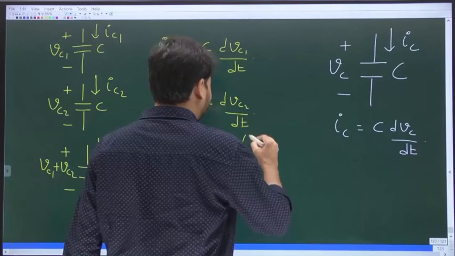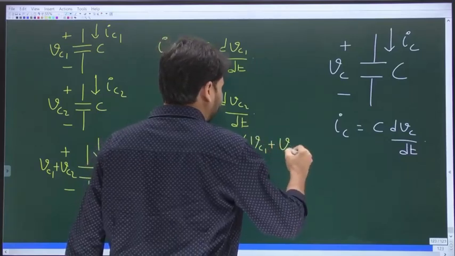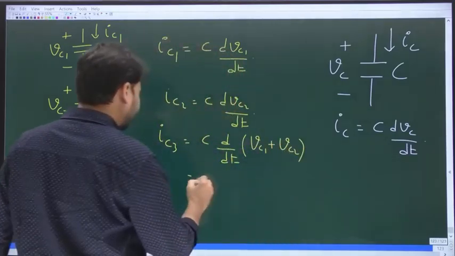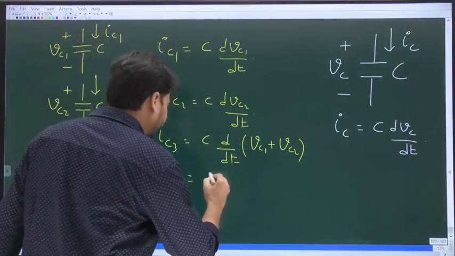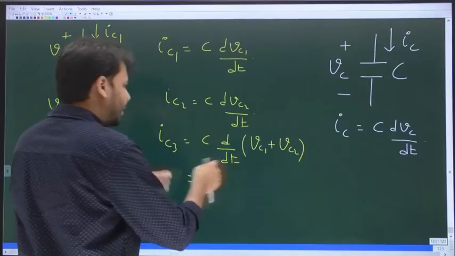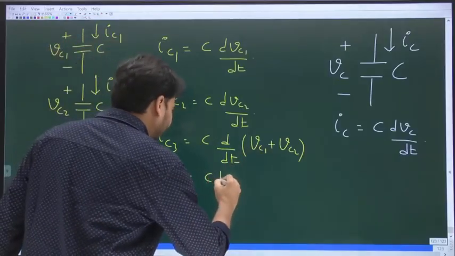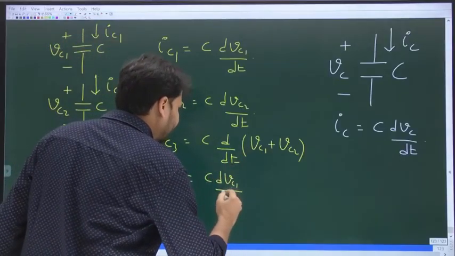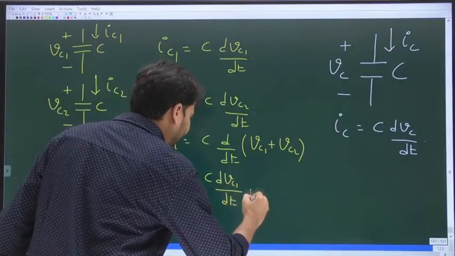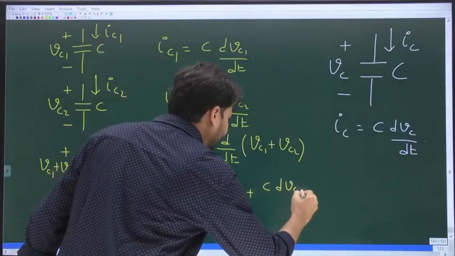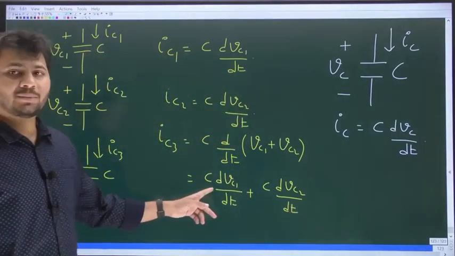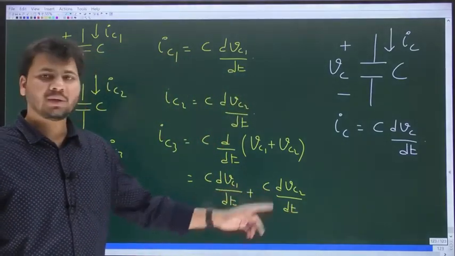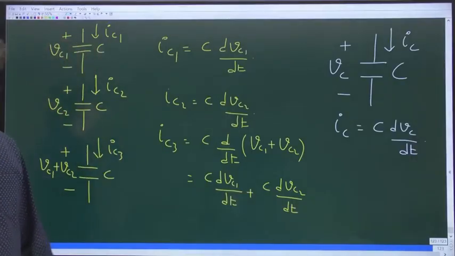So C times d by dt of Vc1 plus Vc2. Now, can this not be split into a sum of two terms? It can be written as C times dVc1 by dt plus C times dVc2 by dt.